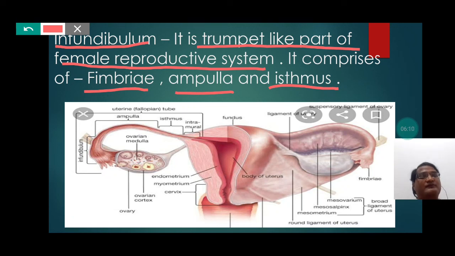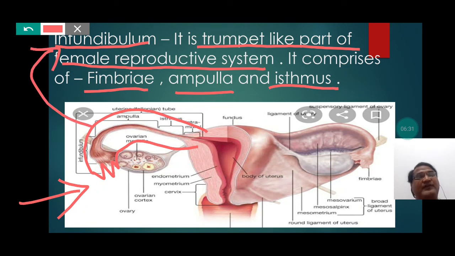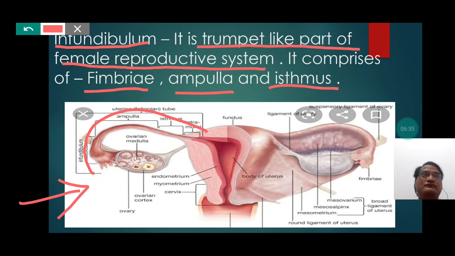Students, we can easily understand various parts of the fallopian tube if we concentrate on this picture. So students, this is the trumpet-like part of the female reproductive system, which is called infundibulum.